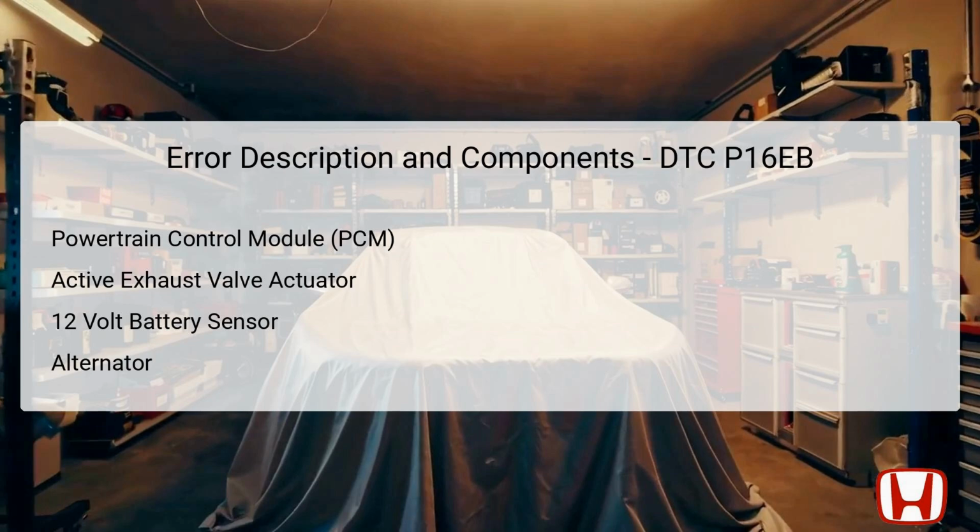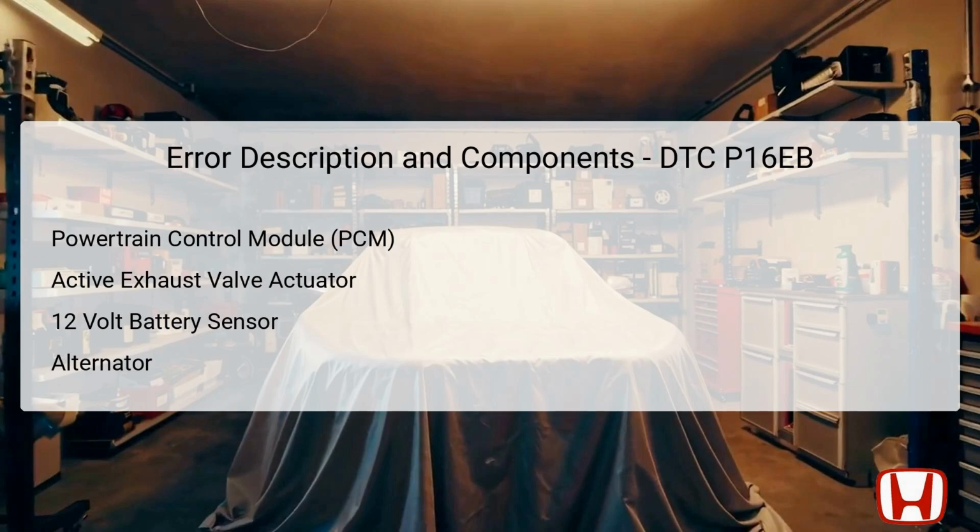The active exhaust valve actuator is a key component that regulates the exhaust sound, located on the exhaust system, connected directly to the PCM. The 12-volt battery sensor monitors electrical efficiency and informs the PCM of voltage strengths. It exists close to the battery. Lastly, the alternator maintains the vehicle's electrical supply, being located near the engine and providing power to the electrical systems.